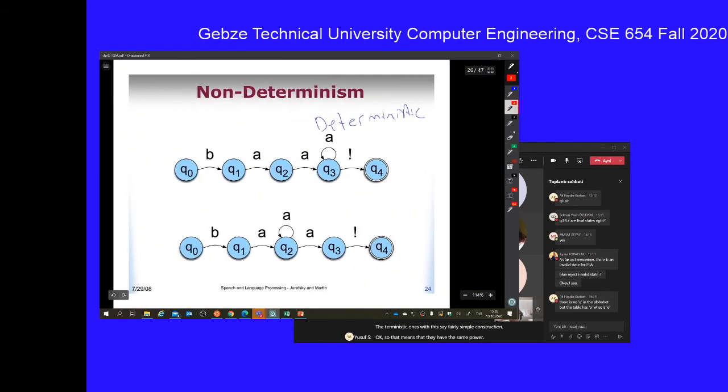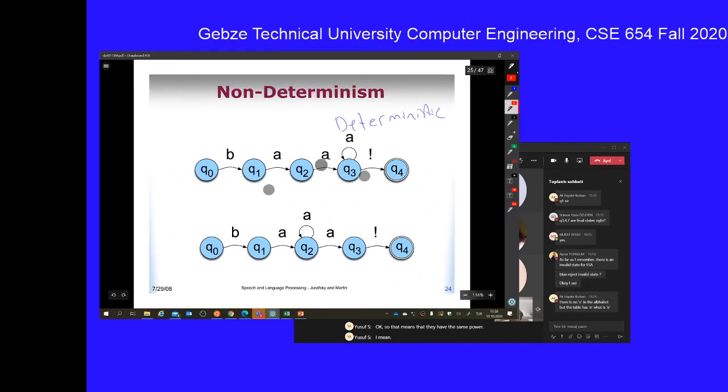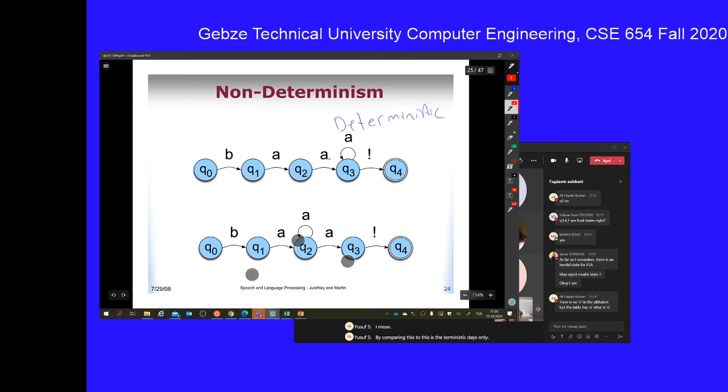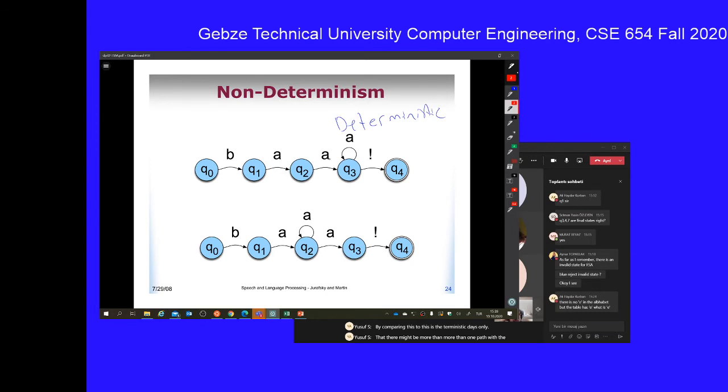By comparing these two, this is deterministic: there is only a single path, and there might be more than one path with the non-deterministic finite state automata. But power-wise, there is no language that can be expressed by a non-deterministic finite state automaton that cannot be expressed by a deterministic one. So one is not more powerful than the other.